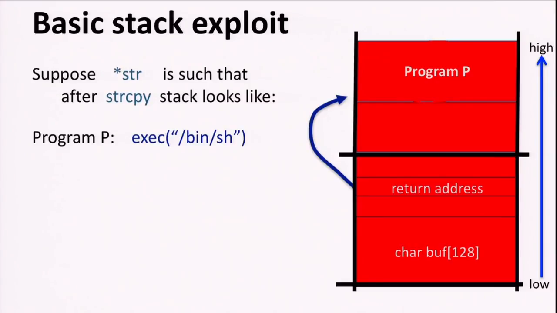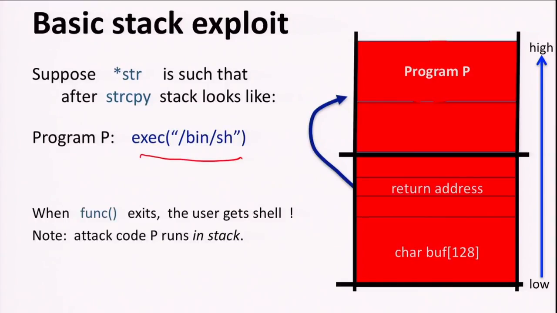And then what this program is doing is basically doing an exec of the shell. So this is a shell injection attack where a shell will be produced, and then if the original program that has been attacked runs at the root privilege, then you will get a shell with a root privilege.